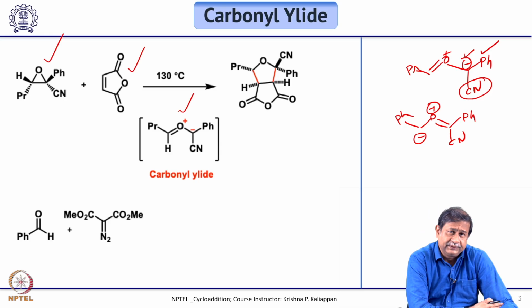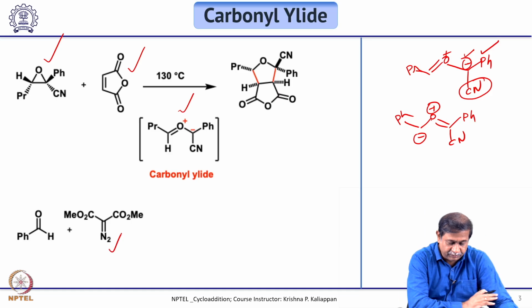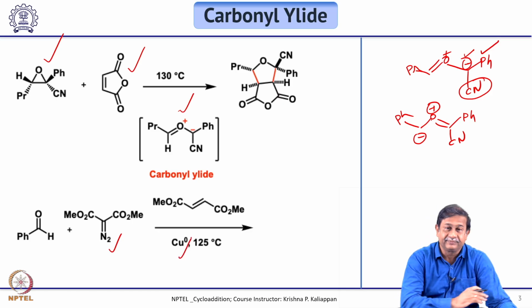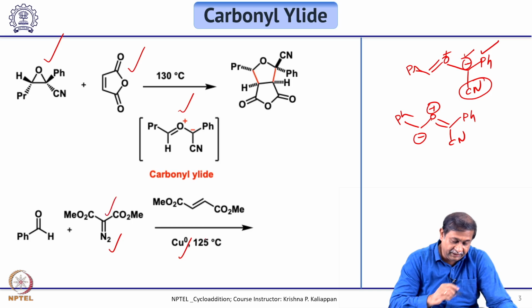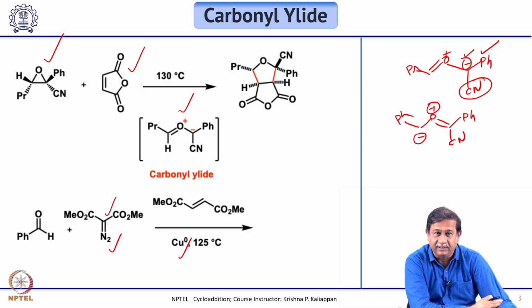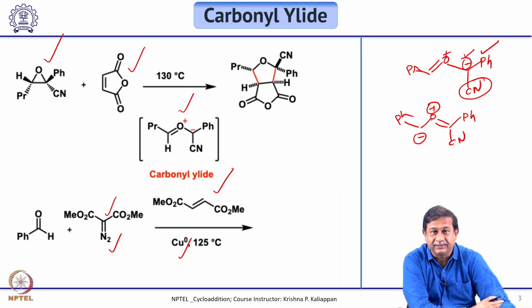Another method to generate carbonyl ylide is if we have a diazo compound. So this is a diazo compound, and if you use a transition metal like copper, as soon as it forms a carbene and the metal also gets attached, we can call it a copper carbenoid. This can immediately undergo a 1,3-dipolar cycloaddition with dimethyl fumarate.